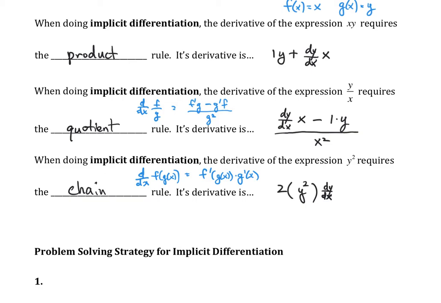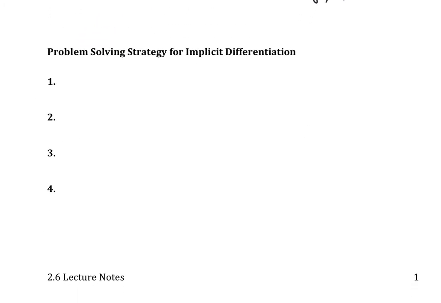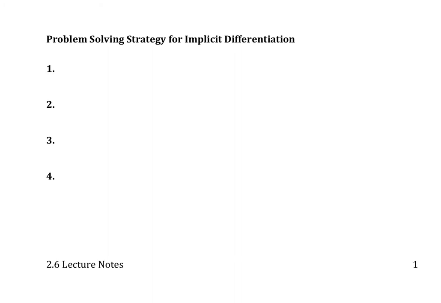So we have a general strategy for how to solve problems using implicit differentiation. And it's a multi-step procedure. The first thing we want to do is take the derivative of both sides with respect to x.